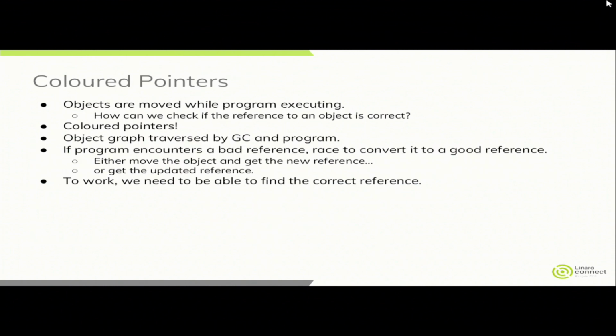Another element are the coloured pointers. So normally, objects point to other objects with just plain pointers, an address in memory that's opaque to the Java program. What we do is we add some metadata to those objects that allows us to track what's happening to the object graph as operations are operating concurrently.